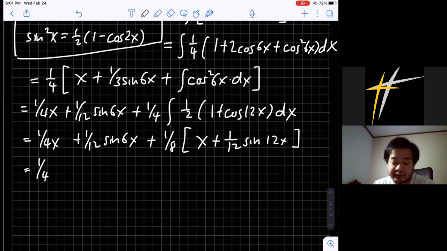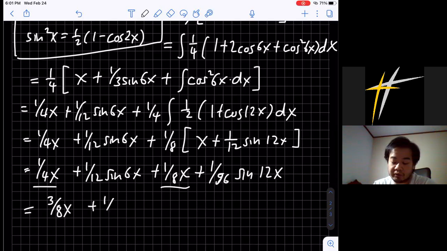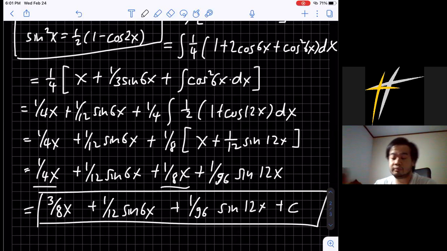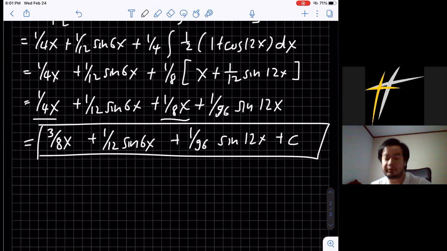So it's equal to 1 over 4 x plus 1 over 12 sine 6x plus 1 over 8 x plus 1 over 96 sine 12x, and then we combine the like terms, so it's equal to 3 over 8 x plus 1 over 12 sine 6x plus 1 over 96 sine 12x plus C. Okay, so that's how you do it if you have an even power.